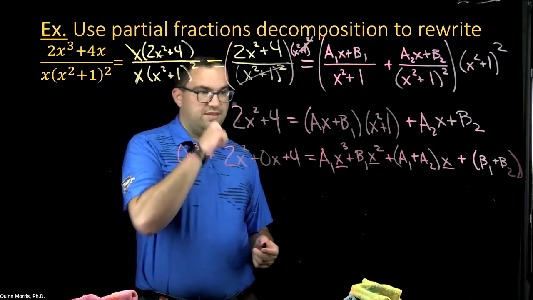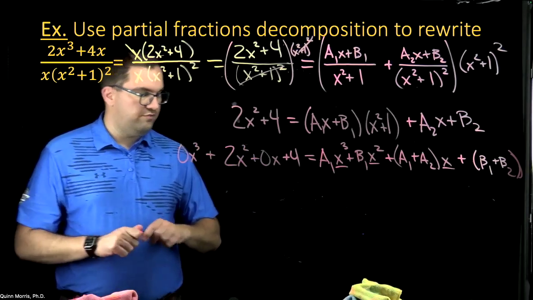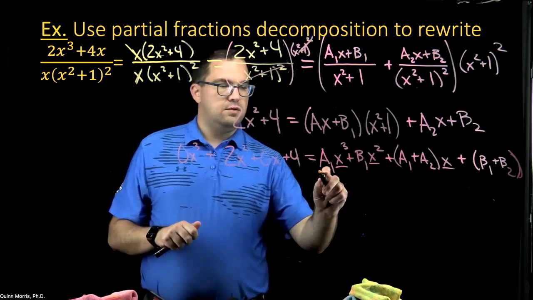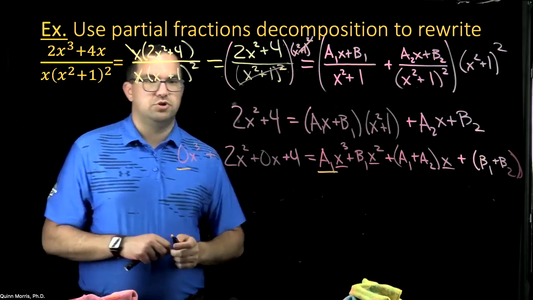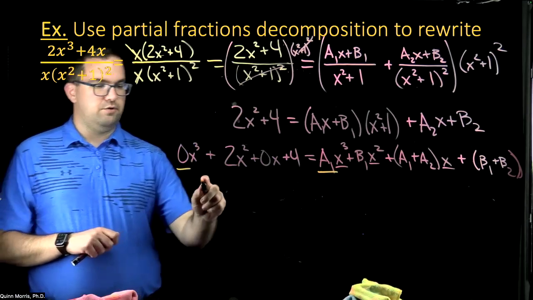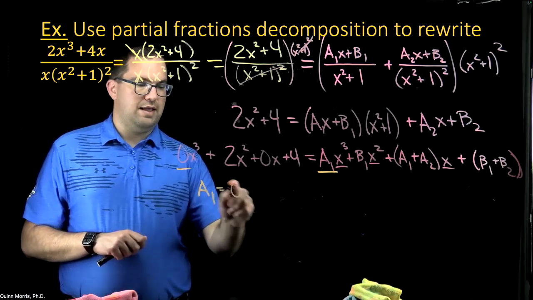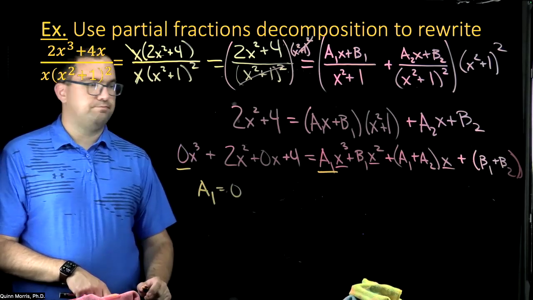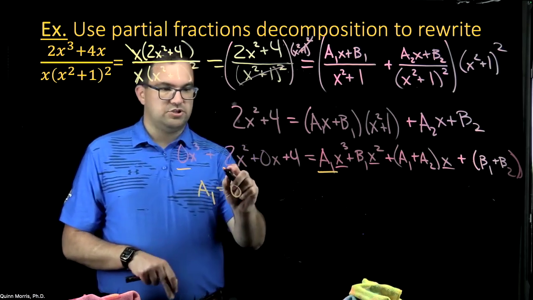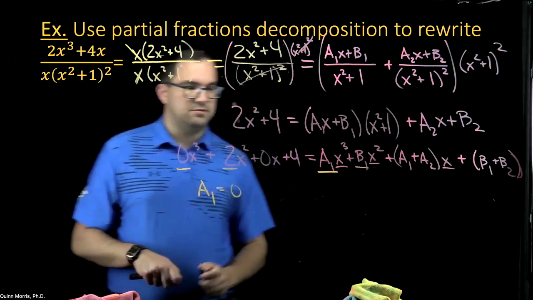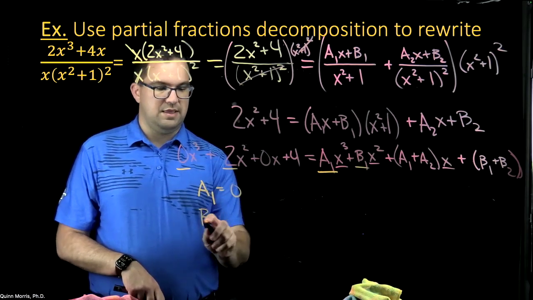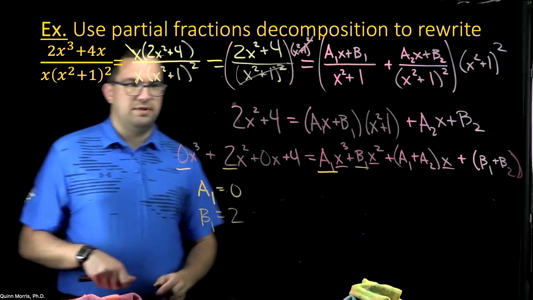But now that I have this, I can equate the coefficients on each side. My coefficient of x cubed here should be equal to my coefficient of x cubed here. What does that tell me? Well, a1 better be 0. My coefficient of x squared here better be the same as my coefficient of x squared here. That tells me that b1 better be equal to 2.